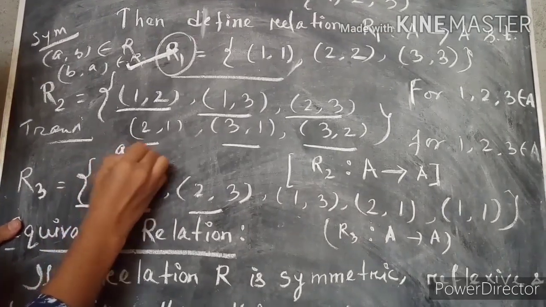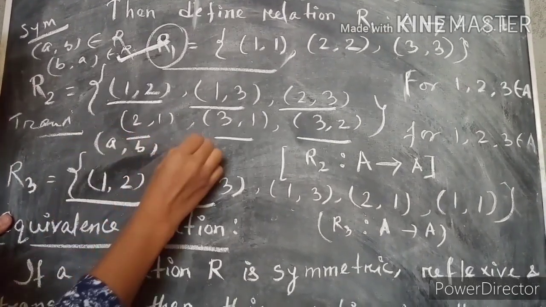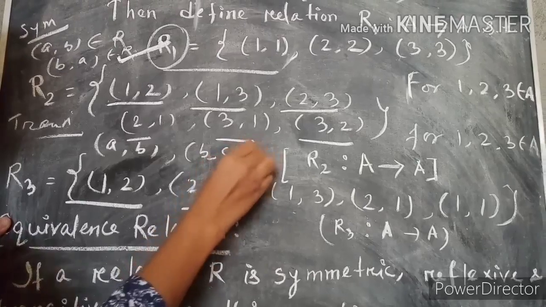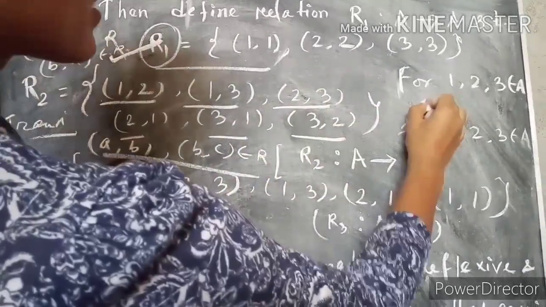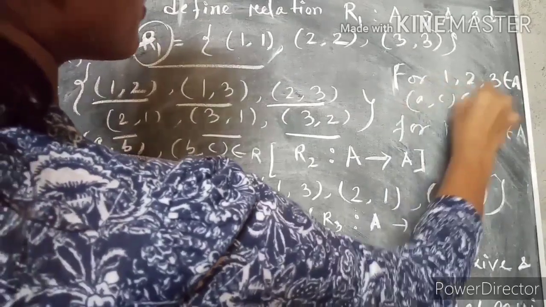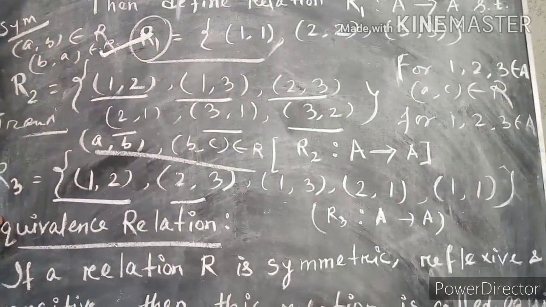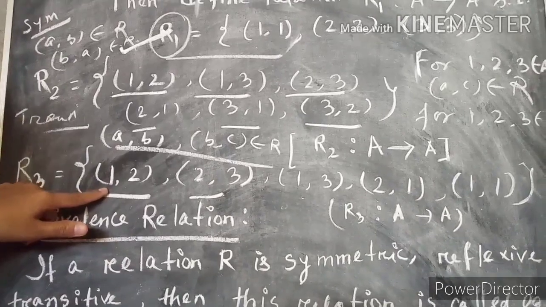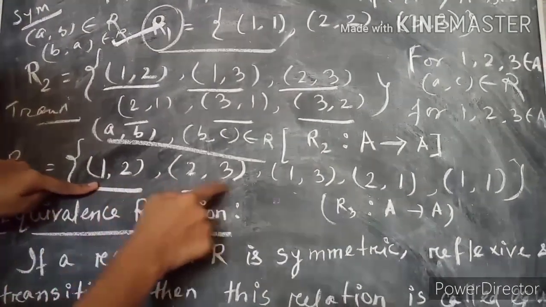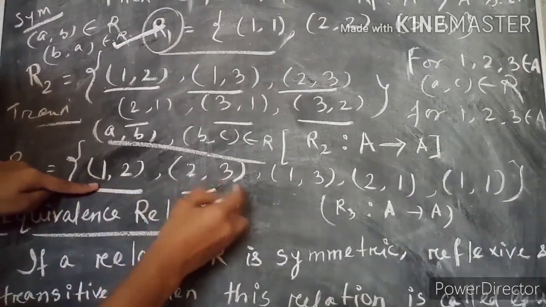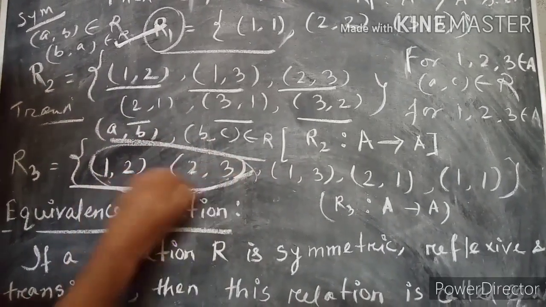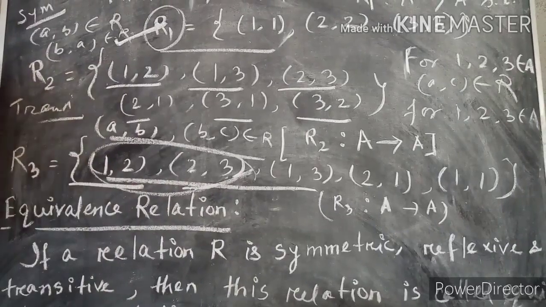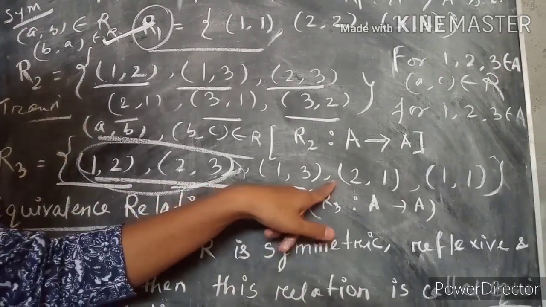When AB, BC belong to R, then it implies there is another element AC belonging to R. Now you will see here (1, 2), (2, 3). That means A, B, B, C. Now it should imply an element AC which is (1, 3). So this is satisfied.